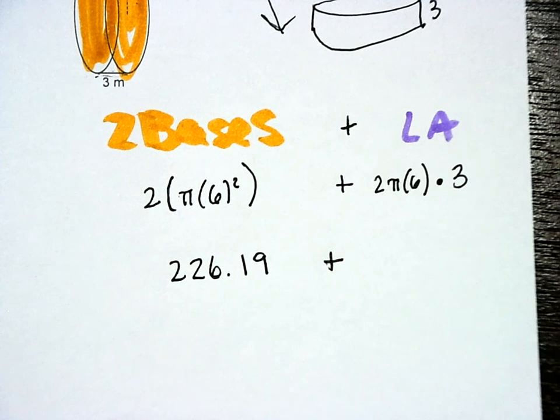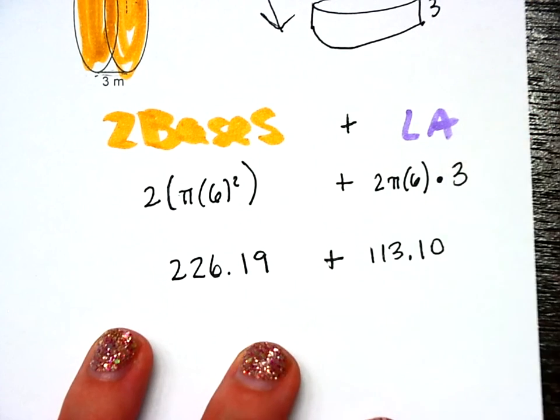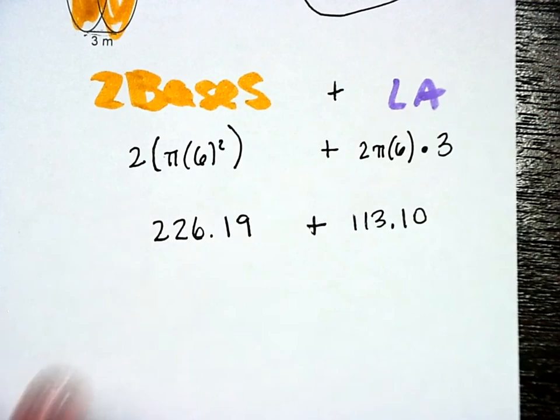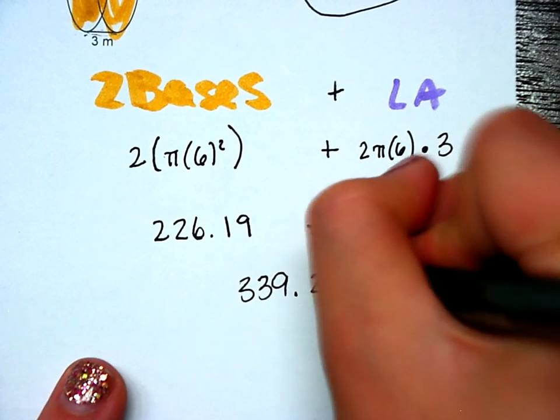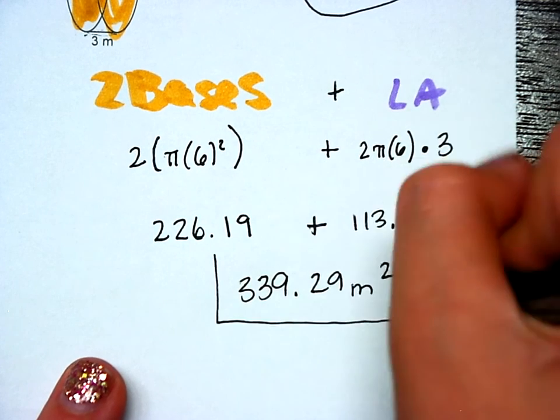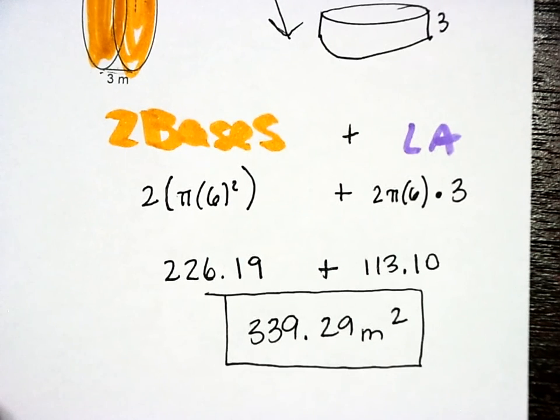So I've got 113.10, and then I'm going to add these two together, plus 226.19. Okay, my total answer, 339.29 meters squared. Okay, so there's the surface area of that last cylinder.